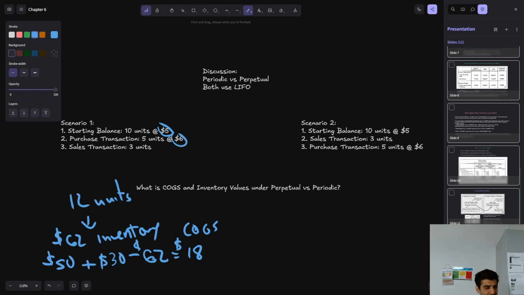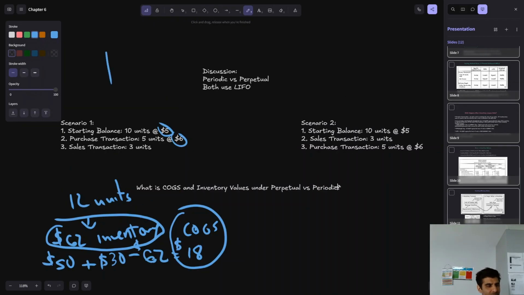Okay, so $62 inventory and $18 cost of goods sold for periodic.